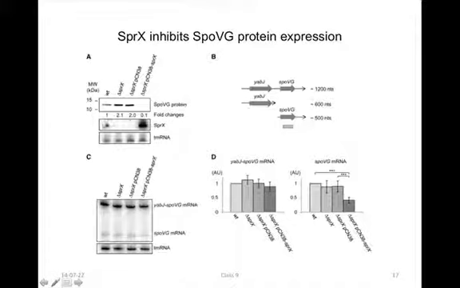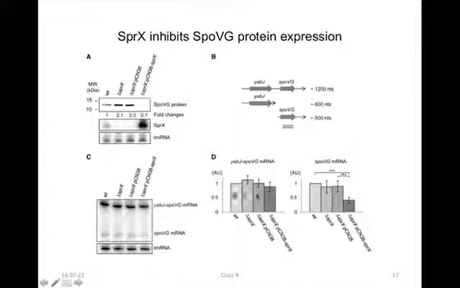Then if you check the expression of SPRX, notice that you have a band with the wild type, nothing in the deletion mutant, but it's overexpressed. Okay, in letter C, they can show the expression of both SPOVG mRNA as well as the complex. And they're doing that in all 4 species. Okay. Letter D, they're looking at the operon.